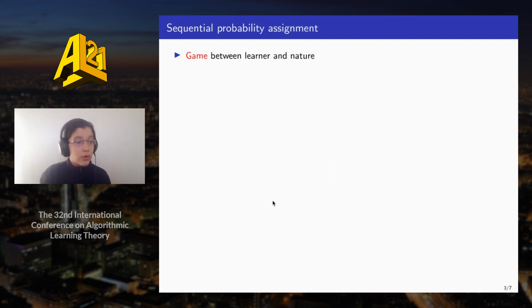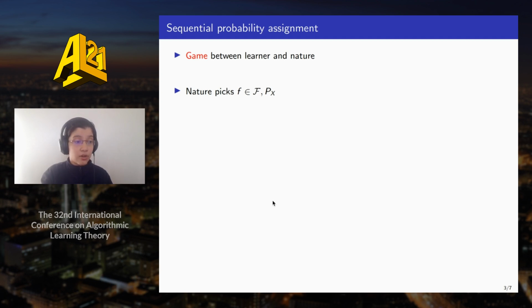We are studying the online learning problem, and the setting is online learning with stochastic data with distribution as described in the previous slide. Online learning can be interpreted as a game between learner and nature. Nature picks a specific conditional distribution f from the class of conditional distributions and a certain distribution of x, px.